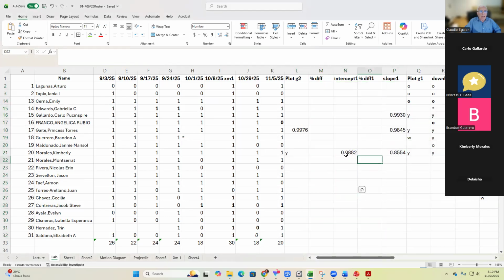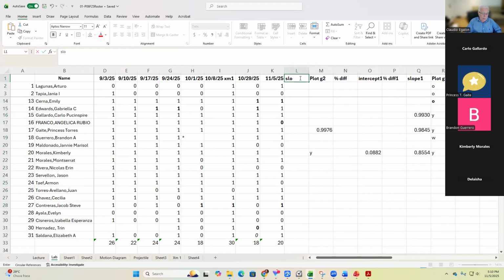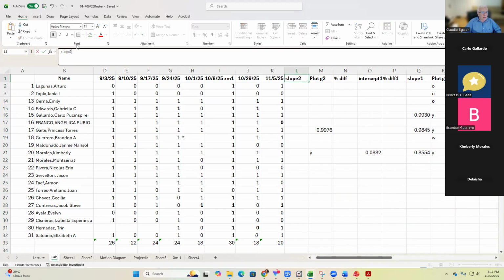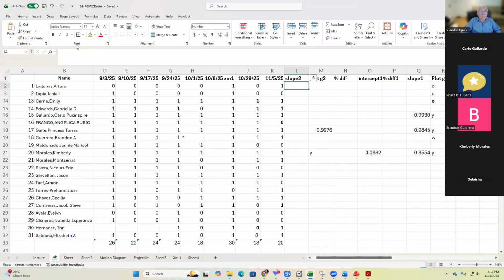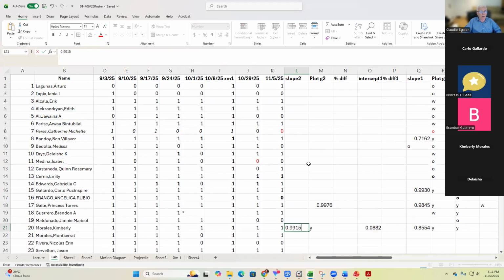Okay. And what about graph number 2? What's the slope of graph number 2? Did you get it, Kimberly? Oh, sorry. Yes, it's 0.9915. Okay, so very good too, right? Less than 1% difference.